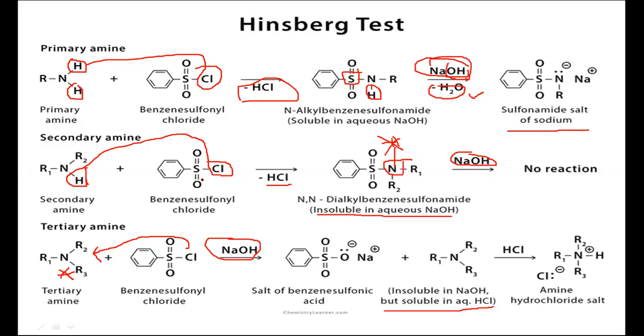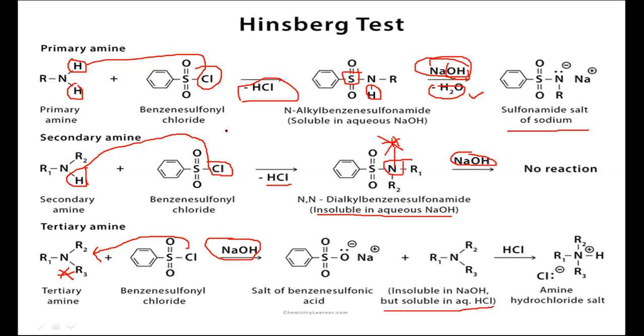How to separate the secondary and tertiary? The remaining solution is treated with NaOH, so that you get the salt of benzene sulfonic acid. Here the amine remains in the solution, and that's why it is soluble in HCl, and you get the ammonium salt.